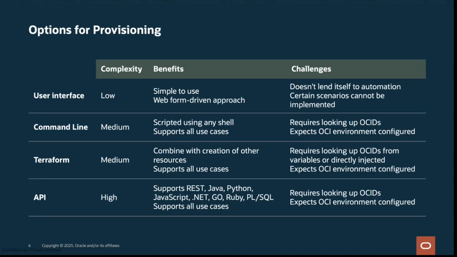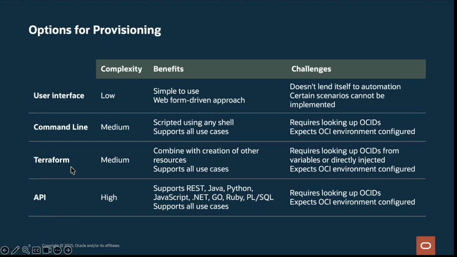This is great because it's scripted, you can automate it. It does sometimes require looking up OCIDs. For example, if you want to connect to a private endpoint, you need to know the OCID of the private endpoint, whereas in the web approach, you can just browse your VCNs to find the OCID of the network you want to connect to. We also support Terraform.